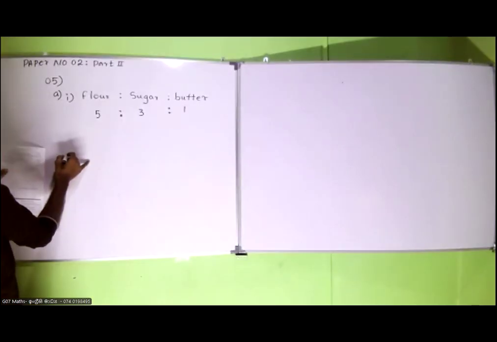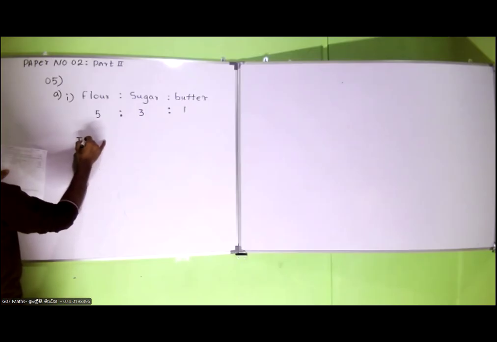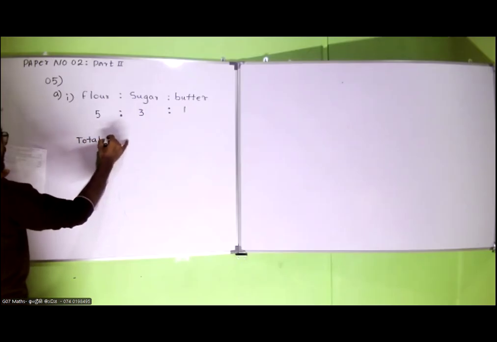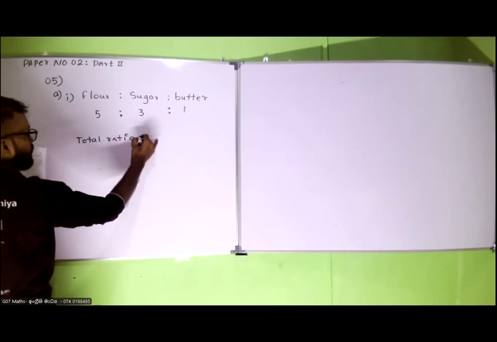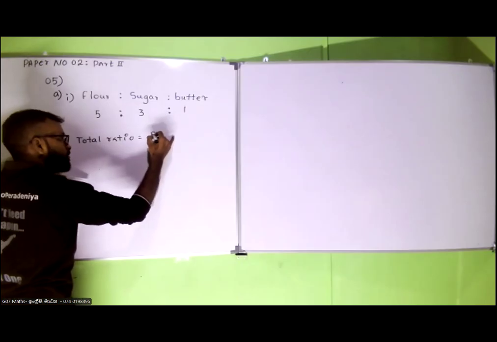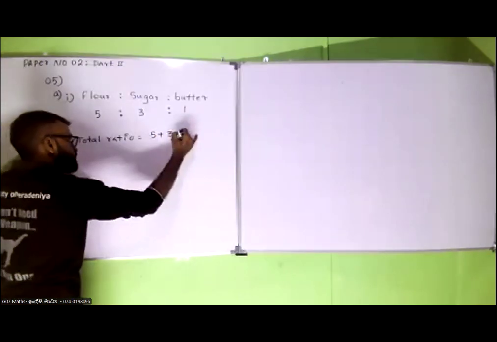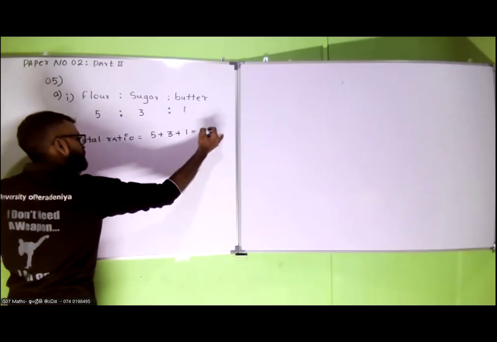So express each ingredient as a fraction. What is the total? We have the ratio; first you need to find the total ratio. How do you obtain it? 5 plus 3 is 8, 8 plus 1 is 9.